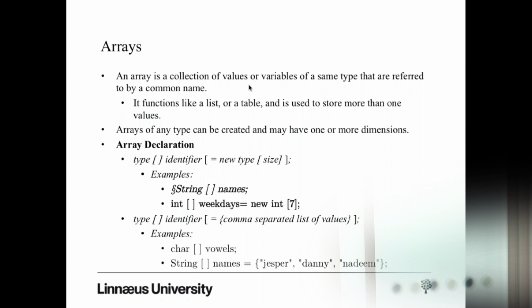For example, if you want to create 10 variables of type integer, one way is to write 10 different statements like integer a, integer b, integer c, and assign values. But if you have 100 students in a class, and you want to create a variable that stores grades for the 100 students, then you would need to define 100 different variables for that.